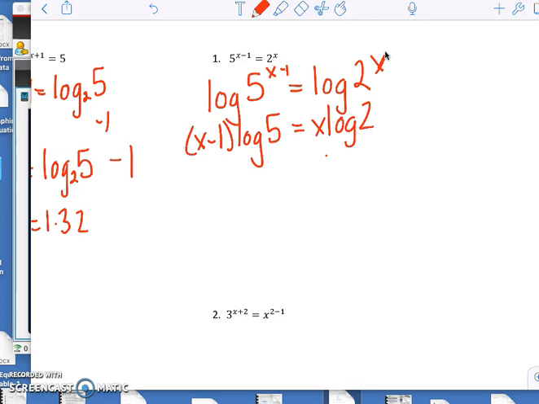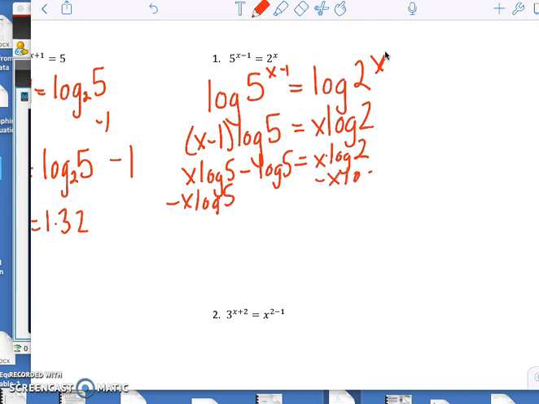So now we have to get the x's on one side. So we're going to need to do some distributing. So x log 5 minus log 5 equals x log 2. Well, let's subtract the x log 5 off of each side. And remember, we can't just subtract those to x log 3 because those logs aren't at that even scale that we found the other day.